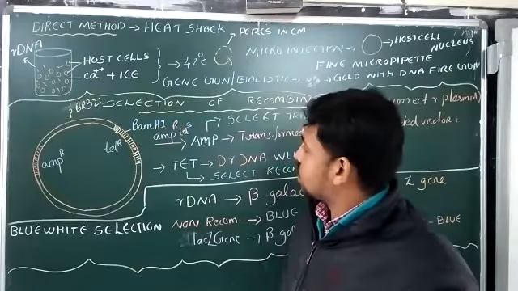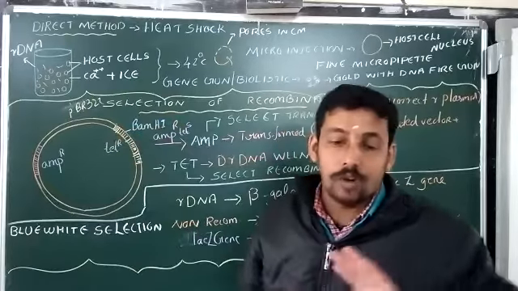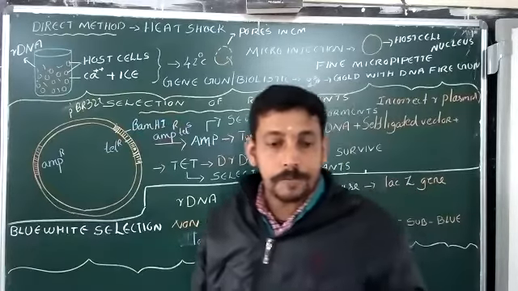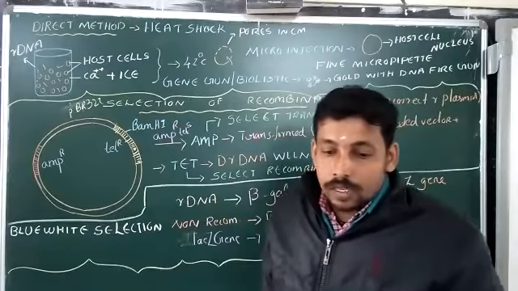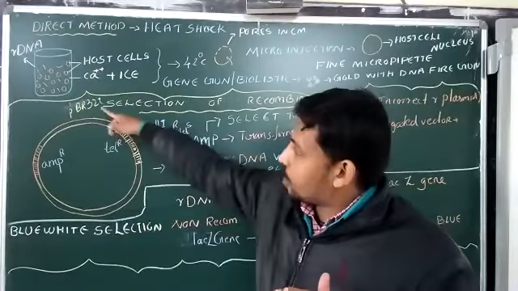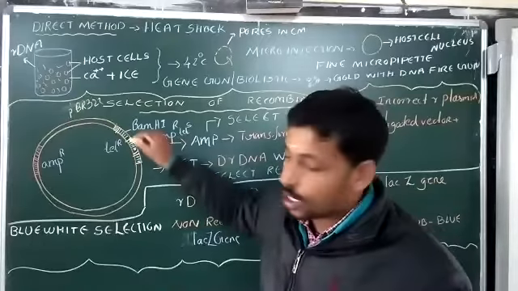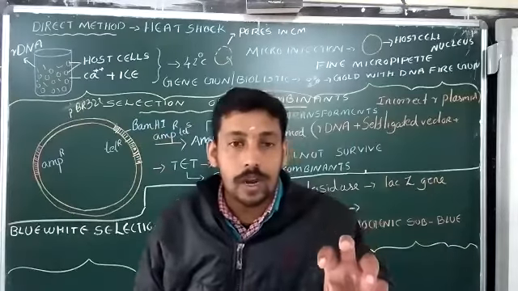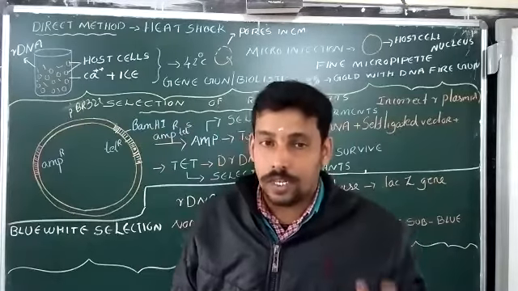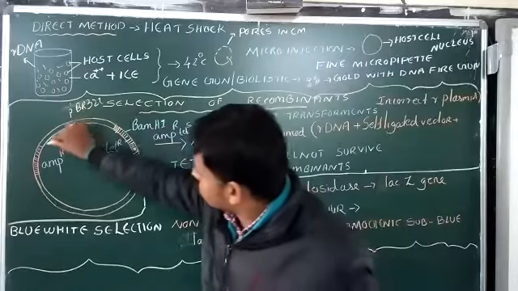The tetracycline resistance gene will lose its property. We are using the vector pBR322, and the resulting plasmids will lose the tetracycline resistance.